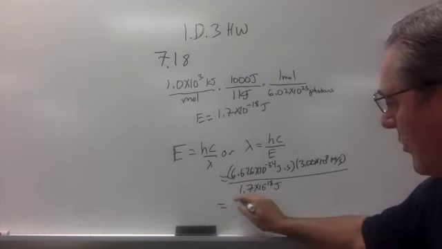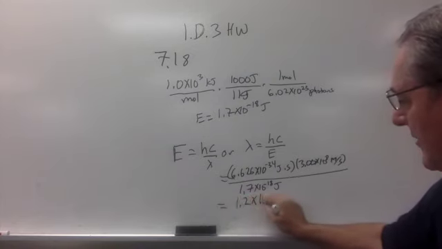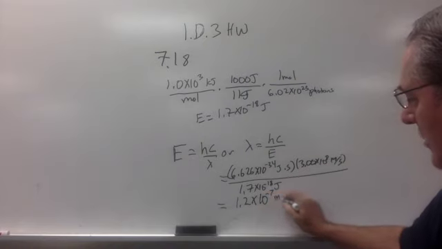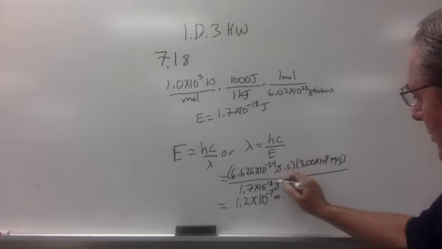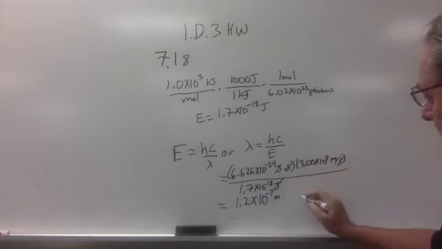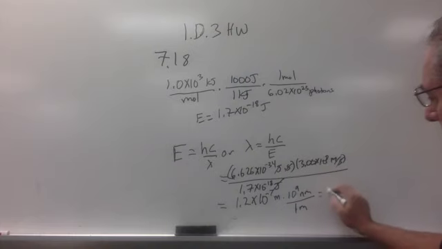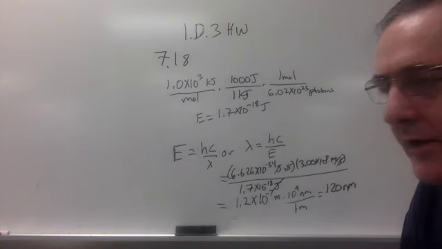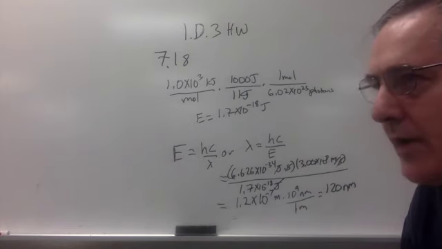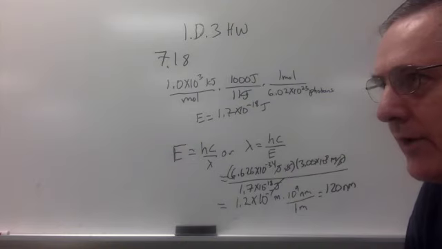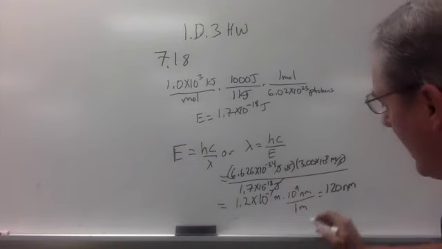We get 1.2 times 10 to the minus 7 meters. Joules cancel, seconds cancel, times 10 to the 9th nanometers per meter. So that's 120 nanometers. 120 nanometers is smaller than 400 nanometers, and since 400 is violet, that would mean it is ultraviolet.